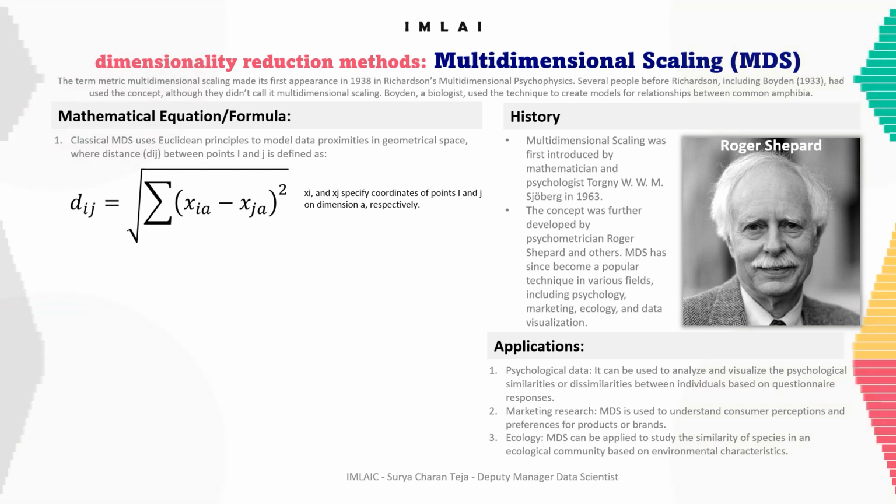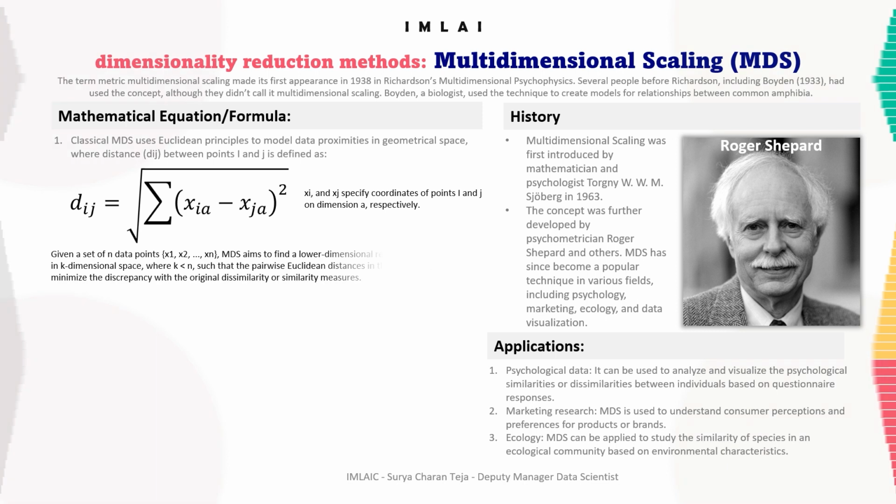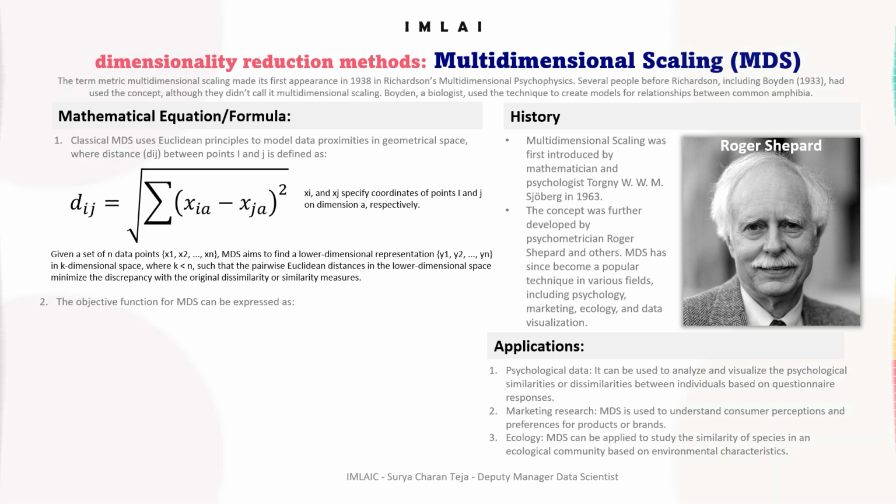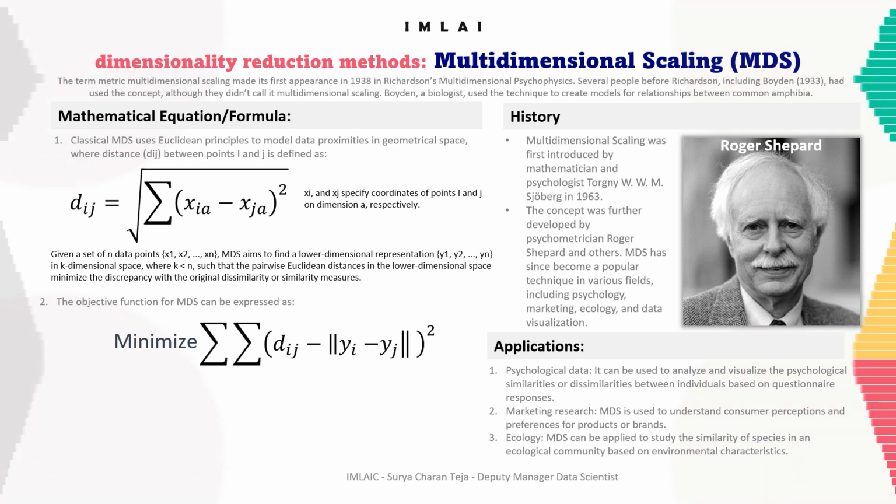So, hence what we get is the objective function. The objective function for MDS can be expressed as minimize the double summation of (d sub ij minus modulus of y sub i minus y sub j) whole square.